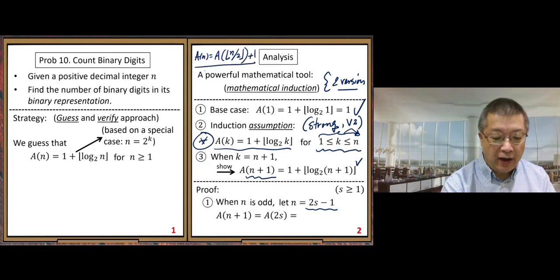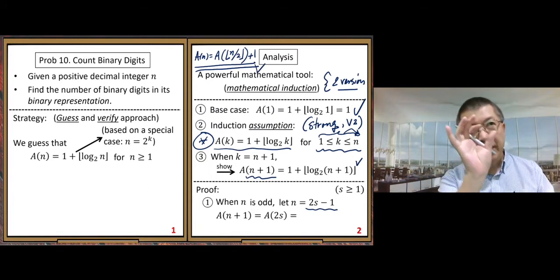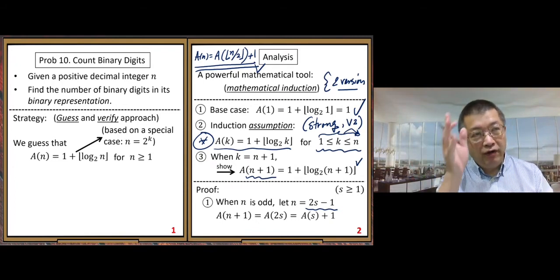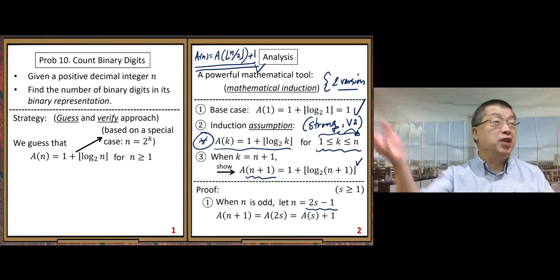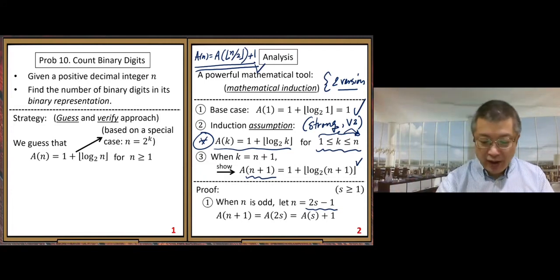I didn't write this formula explicitly, but here we need to use it. You plug in n equals 2s, so the right-hand side, after taking the floor, is a of s plus 1.